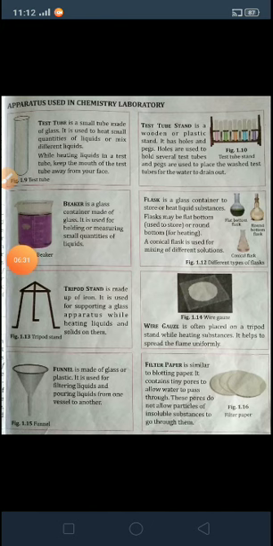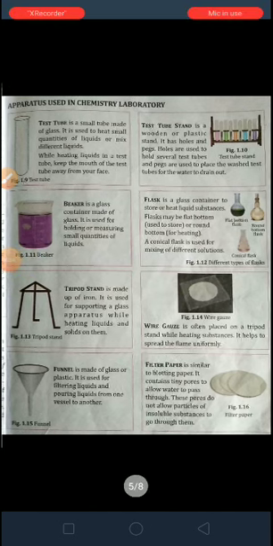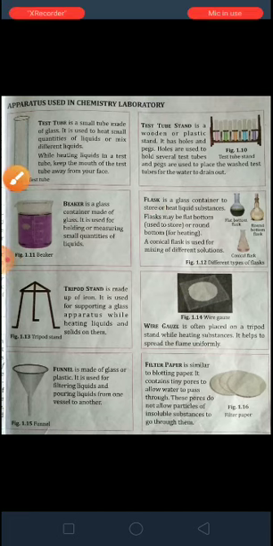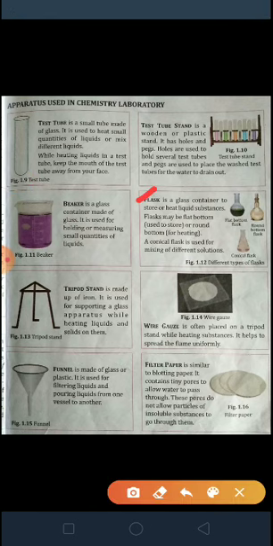Second question. We use a dash to collect a gas. The first option is flask or gas jar. As we are seeing here, a flask is a glass container to store or heat, not for collecting gas.